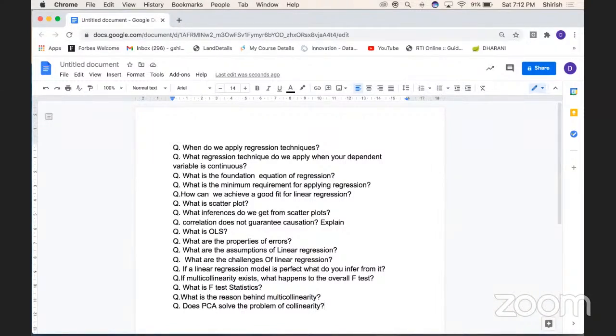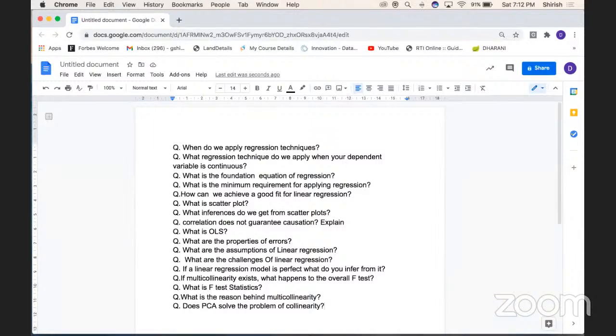Definitely PCA would help us to solve the problem of collinearity. What does it do? The number of predictors are cut down, or you can say that they are compressed. Right? You're not cutting down, actually, you're compressing them. Compressing your columns, compressing your variables.